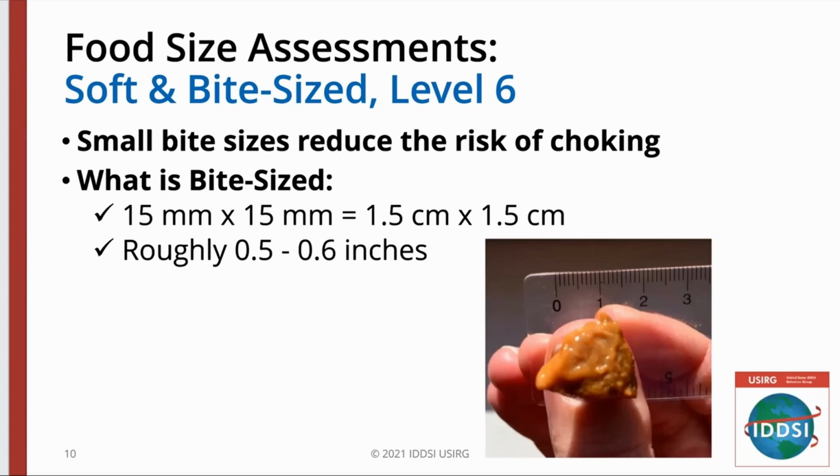Now remove a small portion of the meat, potato, and other vegetables for sample testing to check sizes. Of course, it is not recommended to serve a testing sample. IDDSI is an international organization and lists these sizes in millimeters and centimeters. 1.5 centimeters is roughly 0.5 to 0.6 inches, but we strongly recommend staying with the centimeter measurements.